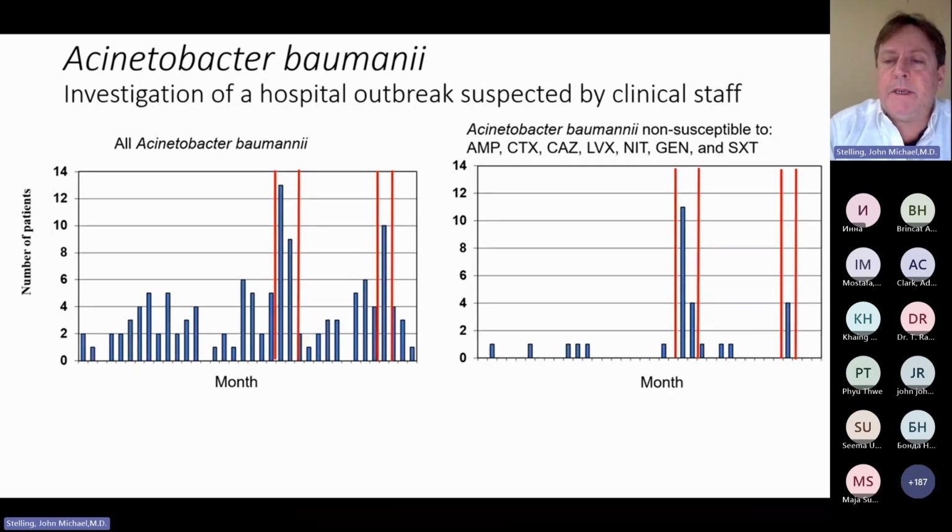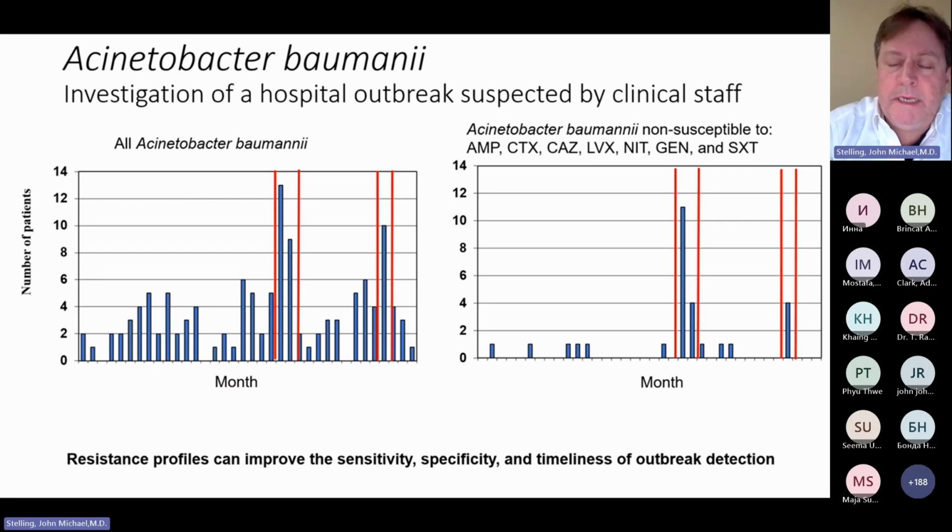As you can see, most Acinetobacter are not this resistant. There was 1 or 0 a month for several months in the first time period. And then during the outbreak period, there were 11 people with this multi-resistant Acinetobacter baumannii, followed by 4 people in the next month. So by using the resistance pattern, the graph became much cleaner.